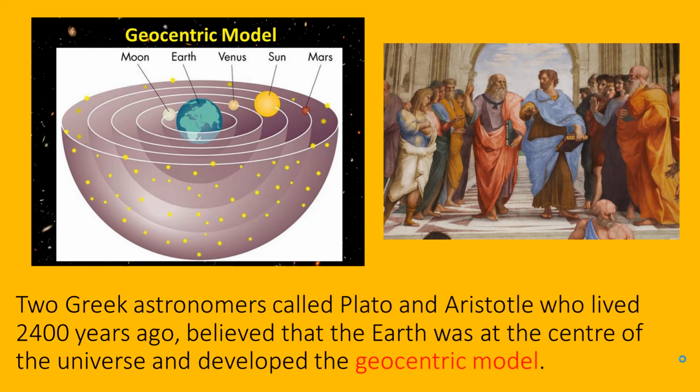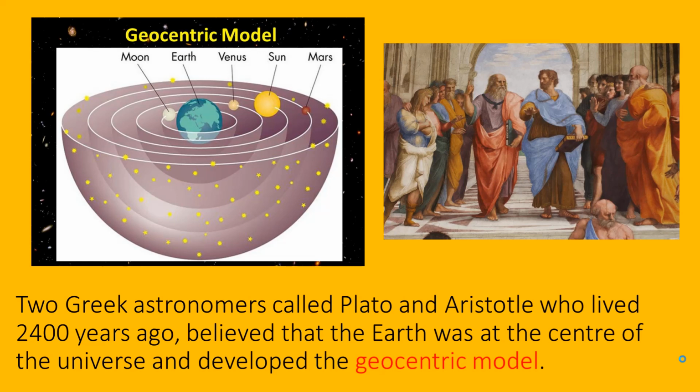The geocentric model was developed by two Greek astronomers called Plato and Aristotle. The first thing you should know about this model is that it's not the correct model at all. It's only a model to explain the movement, but it's not totally correct.